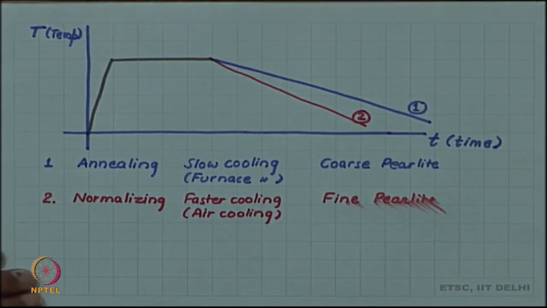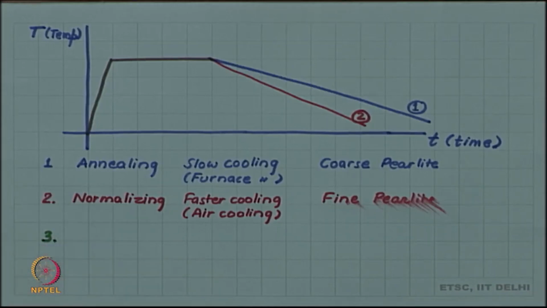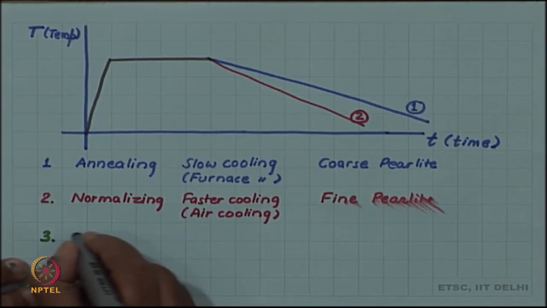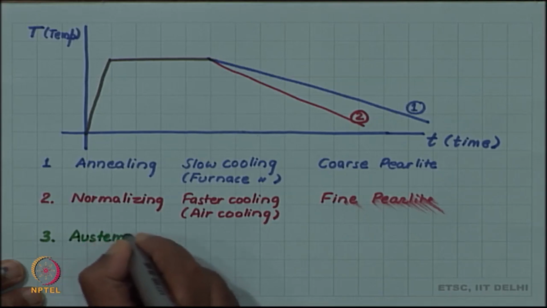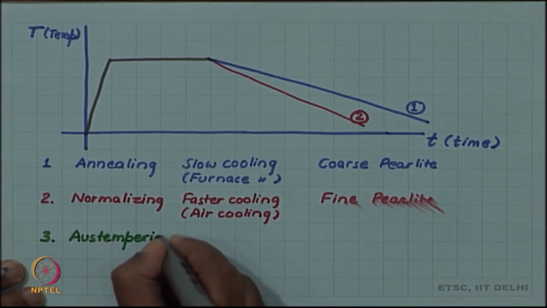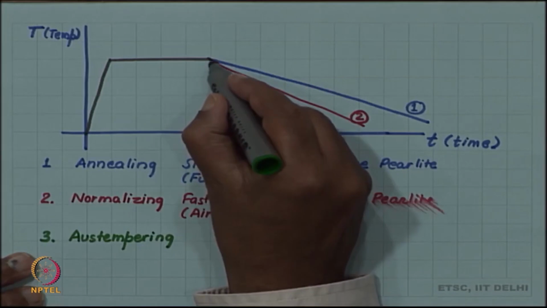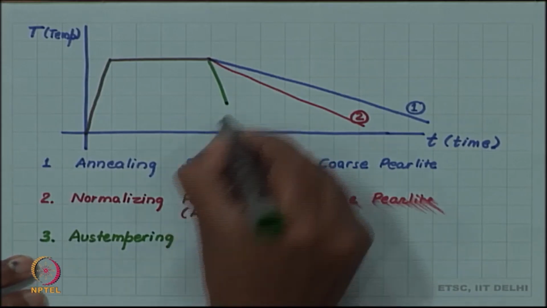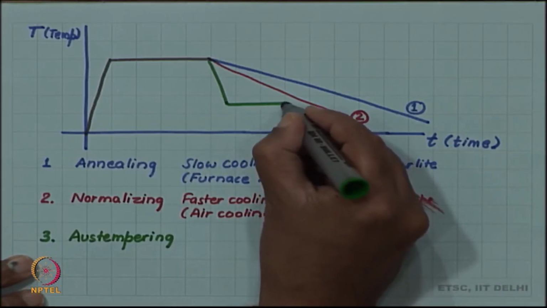Now, let us do a very fast cooling, or let us do what is called an interrupted quenching. So, tempering. Here we cool it very fast, but then hold it at a certain temperature and then again we cool further.